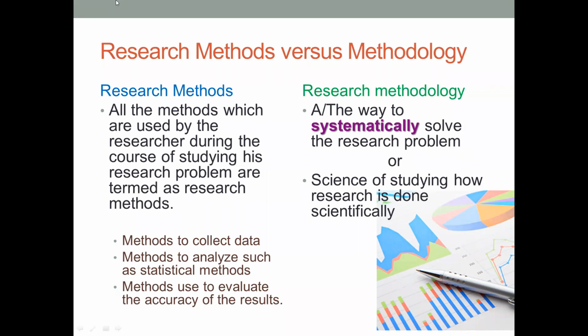Under research methodology, you have some other parts other than research methods. Research methods are the methods of collecting data, methods of analyzing them, and methods of evaluating whether the collected data and the results you have obtained are accurate or correct.